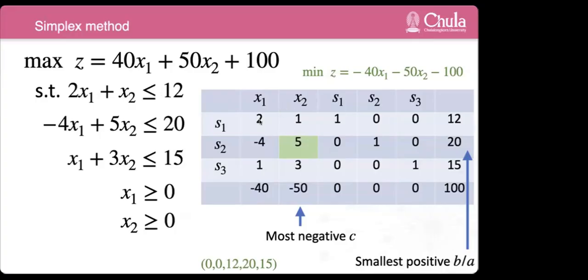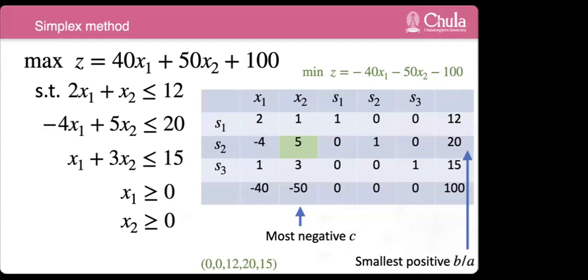So the coefficients are 2, 1, 1, right? 2x1, 1x2, plus s1, then 0 s2, 0 s3 becomes 12. And from the second, minus 4, 5, 0, 1, 0, 20. The next one, 1, 3, 0, 0, 1, 15.